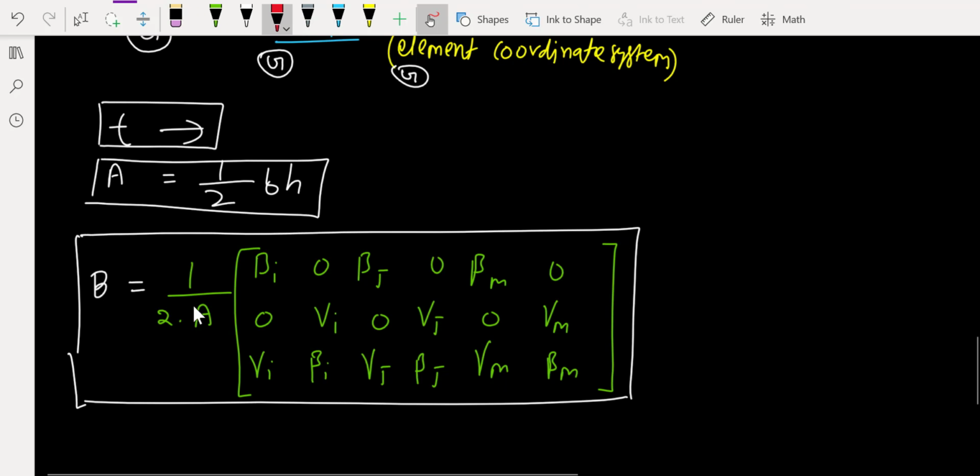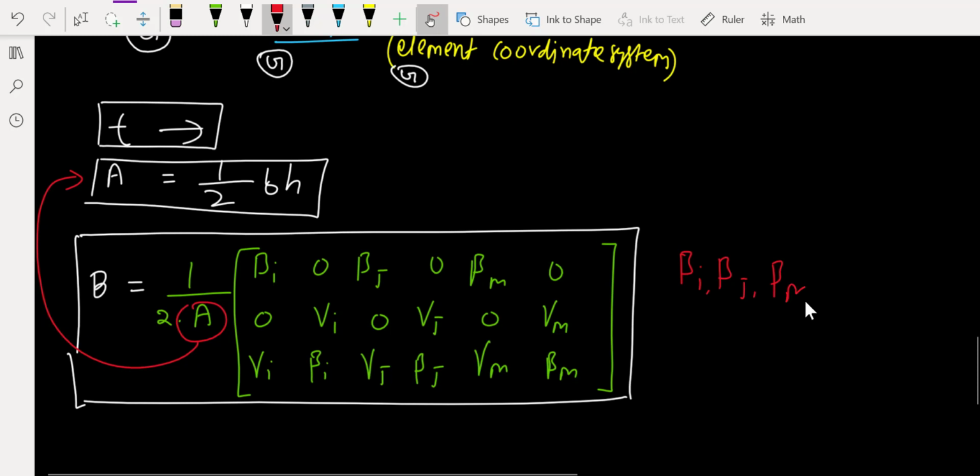A you can compute from before, and this matrix has only beta I, beta J, beta M, and gamma I, gamma J, gamma M.